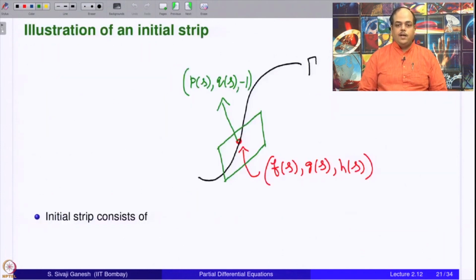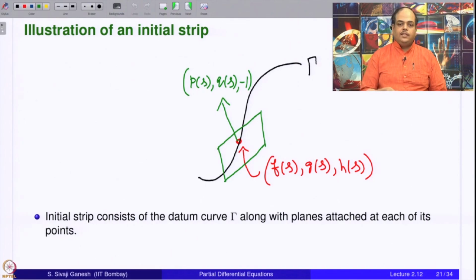So, the initial strip consists of the datum curve gamma which is given to us, along with planes, where planes essentially means the normals to the planes, (p(s), q(s), minus 1), attached at each of the points of gamma. Okay. What we have shown is that if the Jacobian condition is met at s equal to s naught, in a piece nearby, that is some part of gamma, there we can do this.